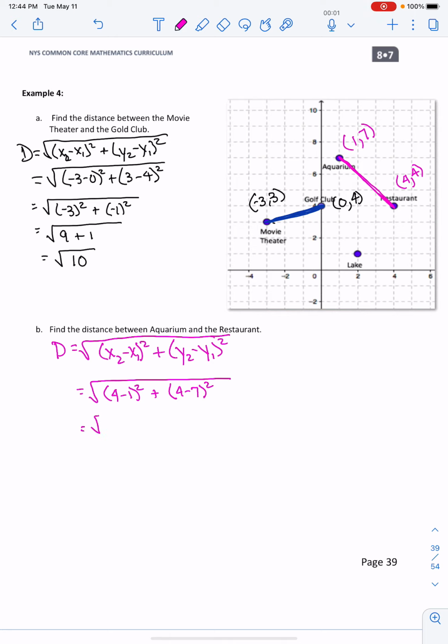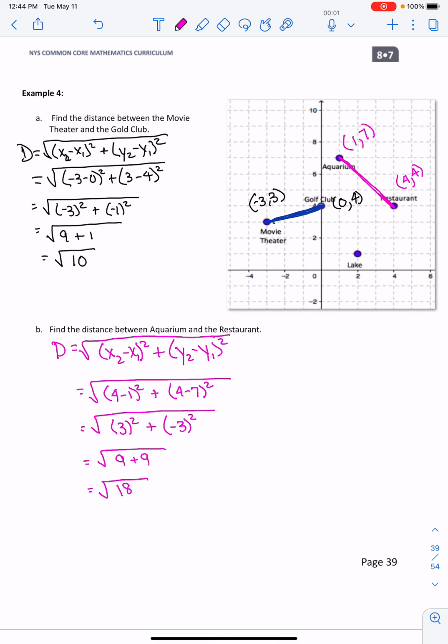And that's going to equal 3 squared plus -3 squared, which is going to equal 9 plus 9, which is going to equal the square root of 18. But here I can simplify this, and the reason that I can is because I have 9 times 2.